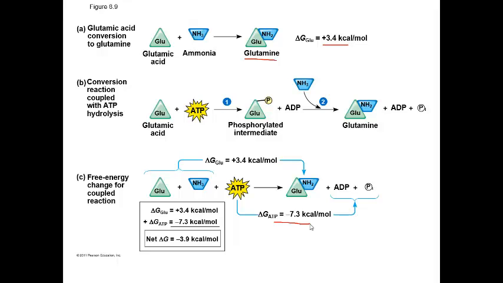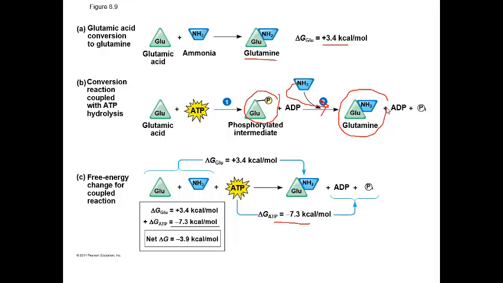When the ATP gets hydrolyzed, you also see the phosphate group attach itself to a reactant. In this case, it's glutamic acid. That reactant becomes the phosphorylated intermediate. This phosphorylated intermediate is more unstable, and that's the trigger that actually causes this chemical reaction to take place, combining the two reactants and forming the product glutamine.